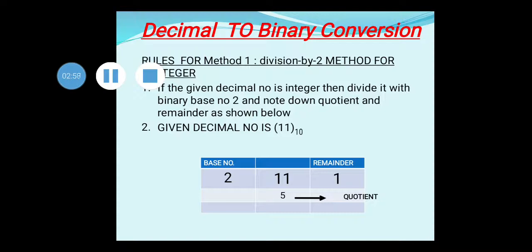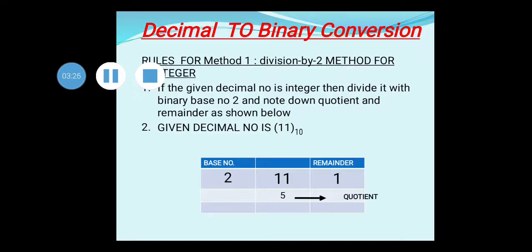The first rule is, if the given decimal number is an integer, so only an integer number is there, then divide it by the binary base number 2. Since we are going to convert into a binary number, we have to go on dividing by the binary base number, that is 2. And when you divide, you have to note down the quotient and the remainder as shown below.